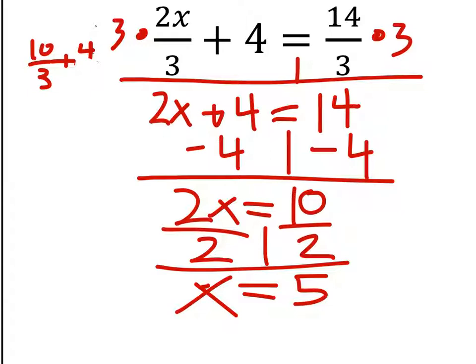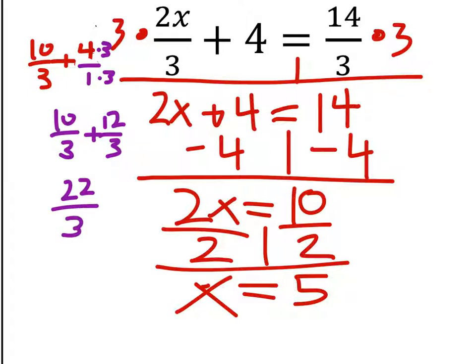So let's go ahead and give ourselves common denominators. Right now that's 4 over 1. So we're going to need to multiply the 4 and the 1 by 3. So we got 10/3 plus 12/3, which would equal 22/3, right? So this one right now doesn't equal the 14/3. That's okay. We just need to go back and figure out what happened, right?